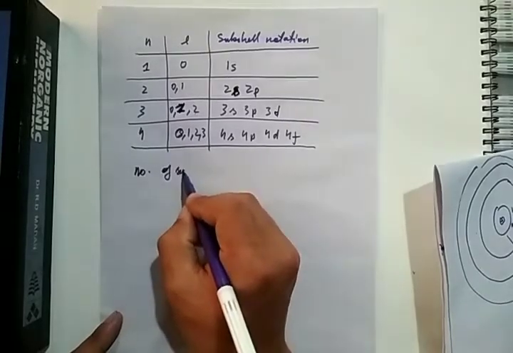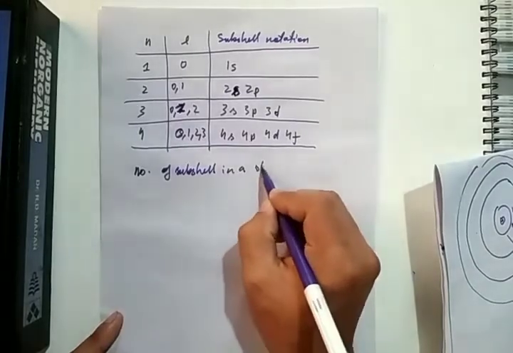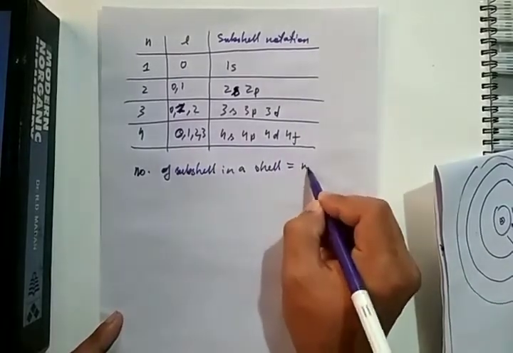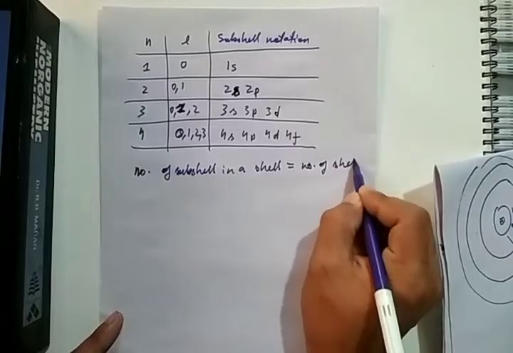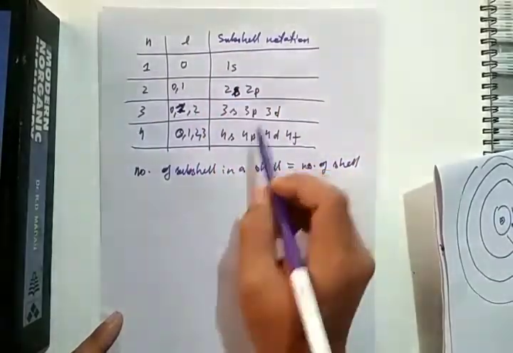From this we can conclude that the number of subshells in a shell is equal to the number of the shell.